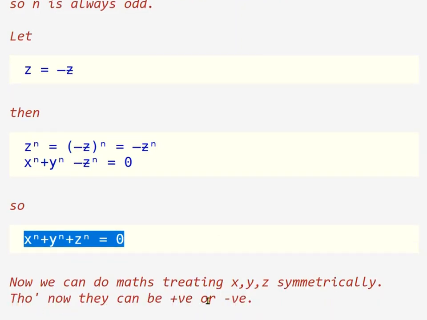Now we can do maths treating x, y and z symmetrically, though now they can be positive or negative. So this is actually equivalent to the normal way of writing Fermat's last theorem, because n is odd. We're just interested in n odd.